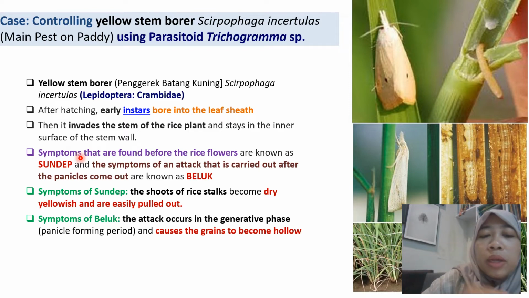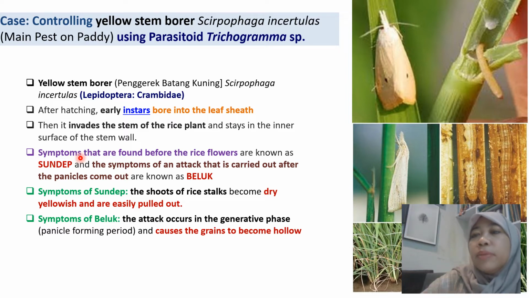In sundep, the shoot of the rice stalk becomes dry, yellowish, and easy to pull out. Rice stalk itu adalah pangkal batang dari padi, itu akan kering, menguning, dan easily to pull out itu gampang tercabut. It's because the stem borer eats inside the stem.